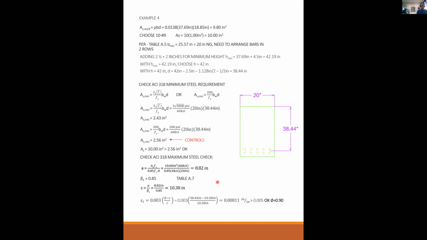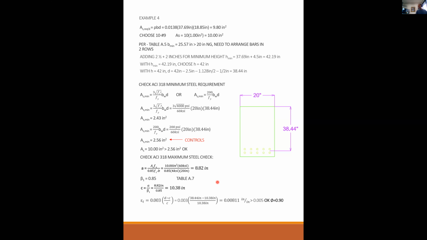And that gives you an area of steel of 13.92 inches squared. What does that mean? 13.92 inches squared is your maximum allowable steel, because that's the area of steel in this beam that would give you epsilon t equal to 0.005.